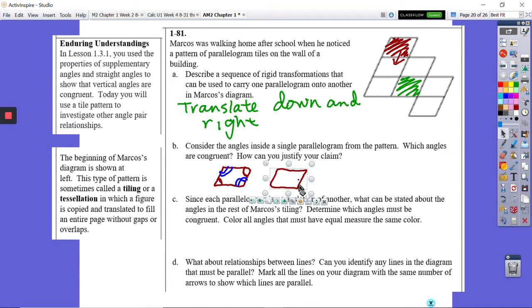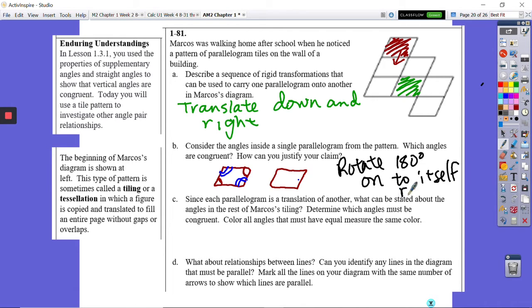We can prove it by rotating 180 degrees onto itself, because it has rotational symmetry. Now that's not a very careful proof, but it didn't say prove, it said justify. So that's my justification: because of rotational symmetry, those angles are congruent.